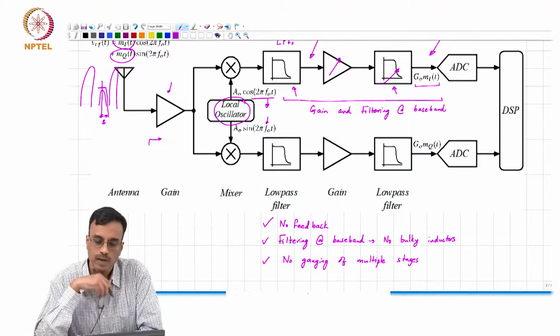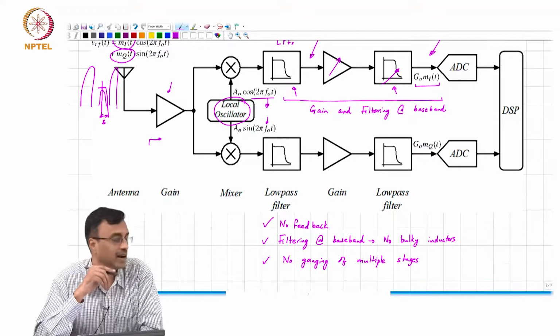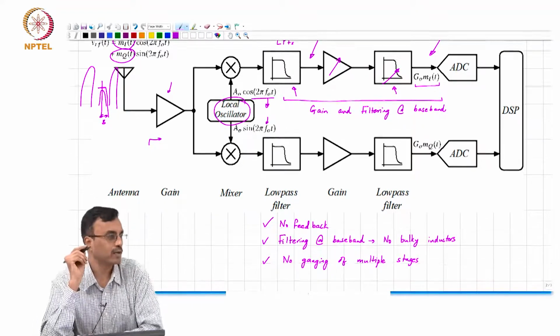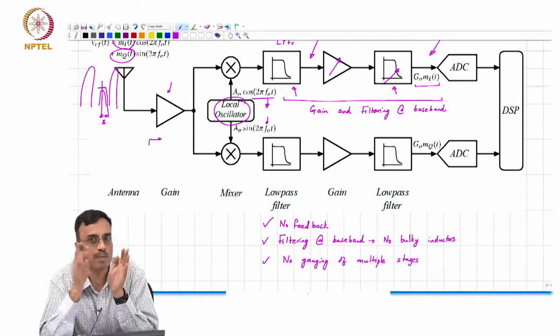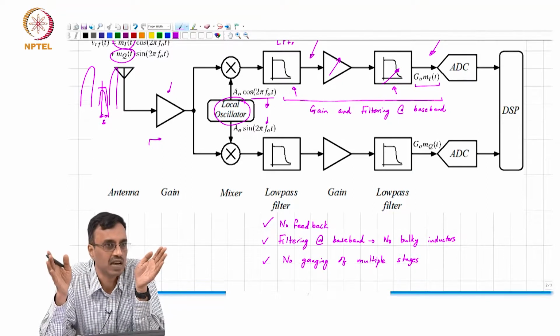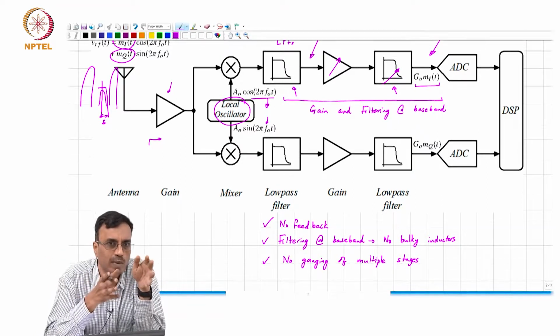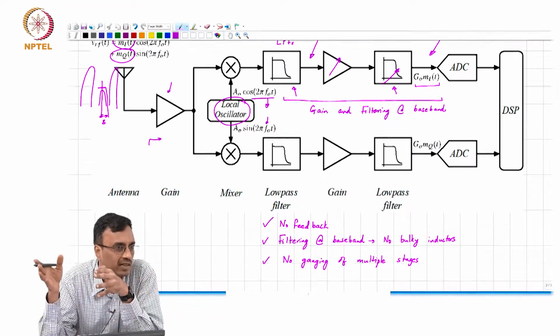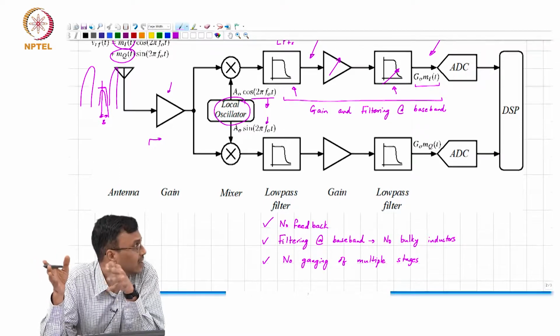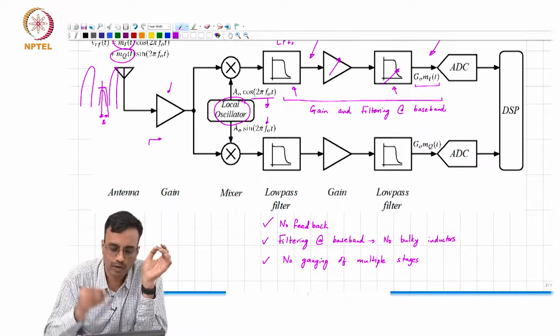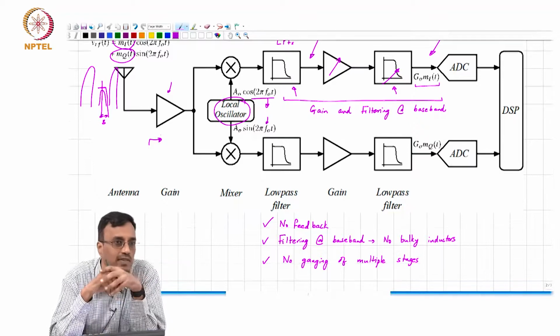One more problem with the tuned RF receiver was that when we changed the center frequency, the bandwidth of the band pass filter would change, because Q remains the same and omega naught changes. Here, what determines the effective bandwidth of the band pass filter that we see?